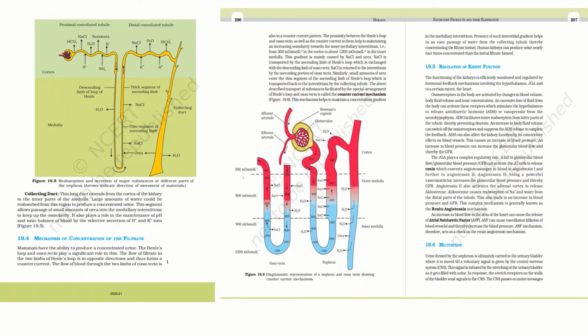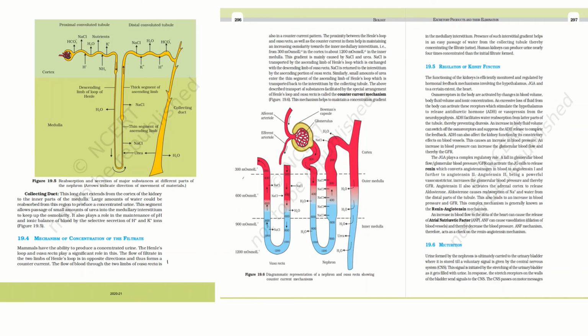From the ascending limbs of the loops of Henle, NaCl gets into the interstitial fluid of the medulla, and from the fluid it gets into the descending limb of the vasa recta, and again from the ascending limb the NaCl moves out into the interstitial fluid of the medulla. So it is helping in maintaining the concentration gradient in the interstitial fluid.